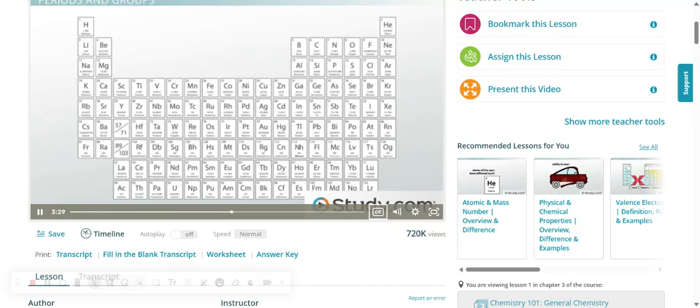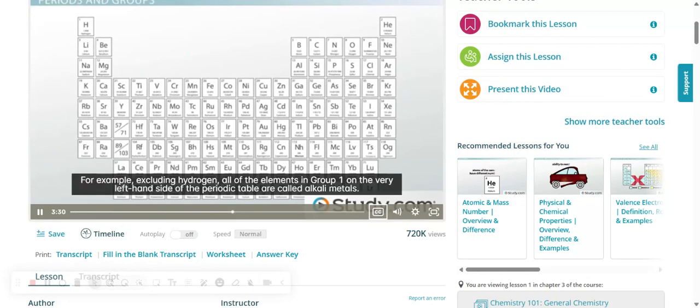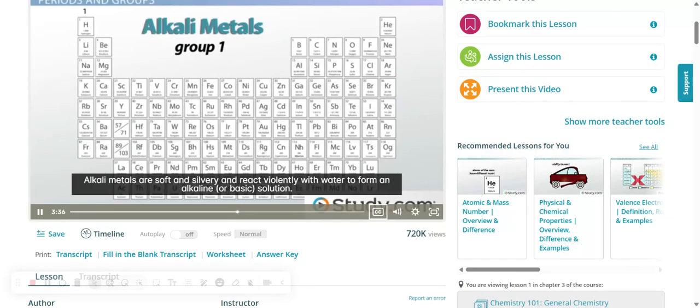For example, excluding hydrogen, elements in group 1 on the very left side of the periodic table are called alkali metals. Alkali metals are soft and silvery and react violently with water to form an alkaline or basic solution.